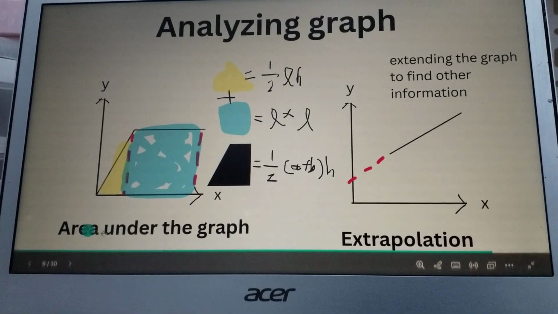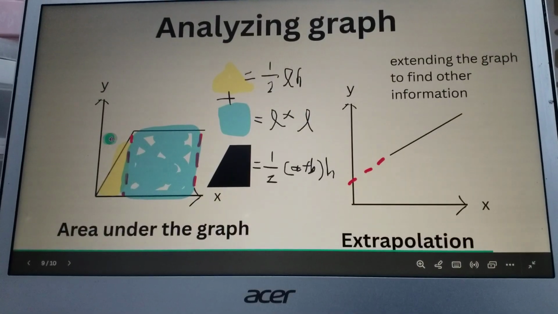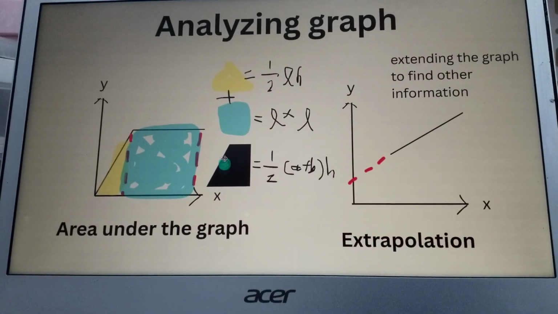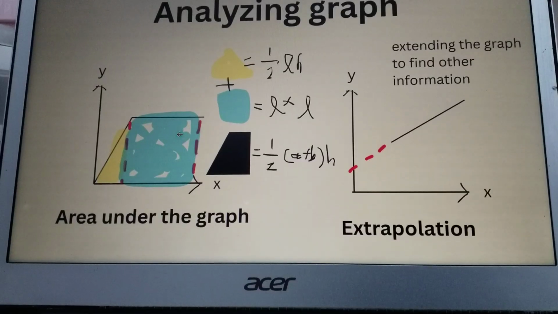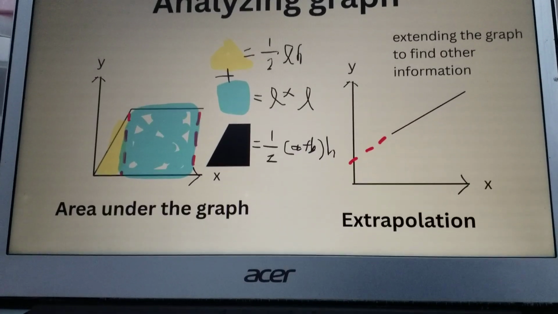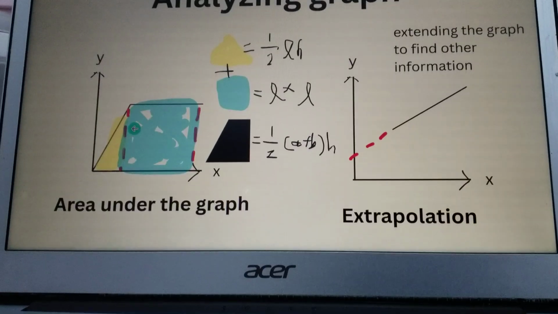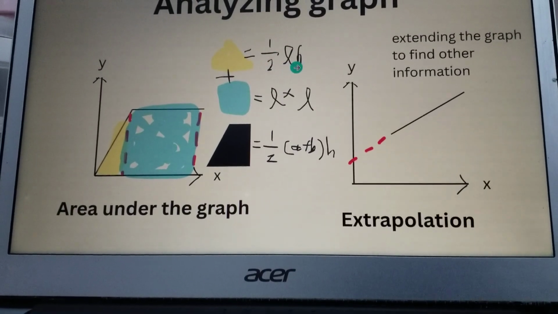Okay, next, area under the graph. As you can see this graph, we need to find the area. So we can split the sections into two. Split, split. So you'll get a triangle and you'll get a quadrilateral or a rectangle in basic language. So basically we need to find the value of triangle, and the formula to find the area of triangle is 1 over 2 times length times height.